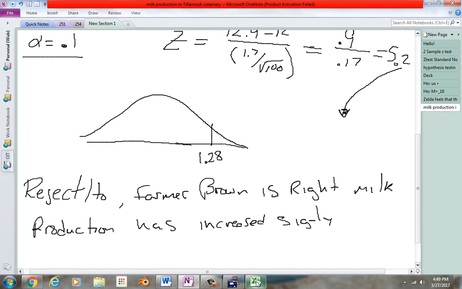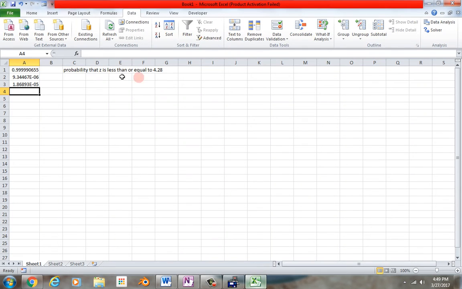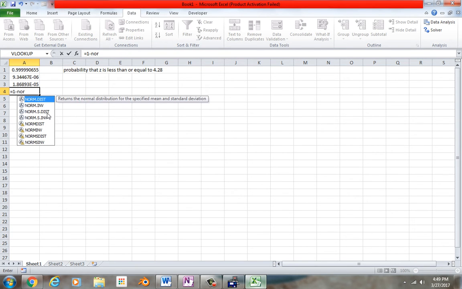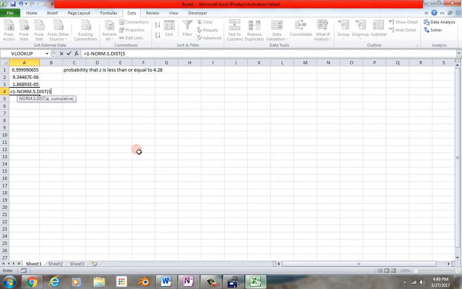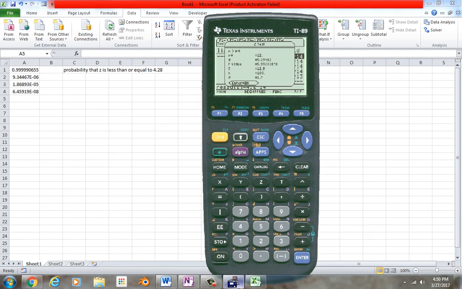Now, again, same deal on Excel. It's going to be equals, and you can do this all in one step because it's an upper tail. It's going to be 1 minus norm.s.dist, 5.28, comma 1. Boom. That is my p-value. Okay. It should be exactly the same. 5.99.